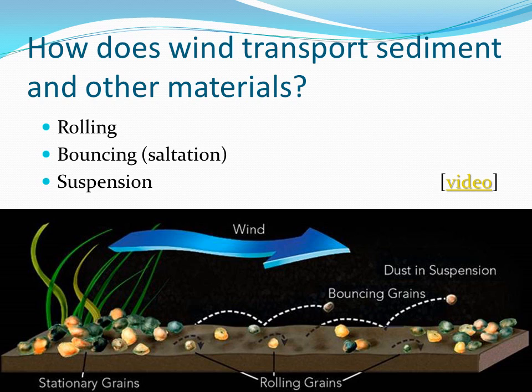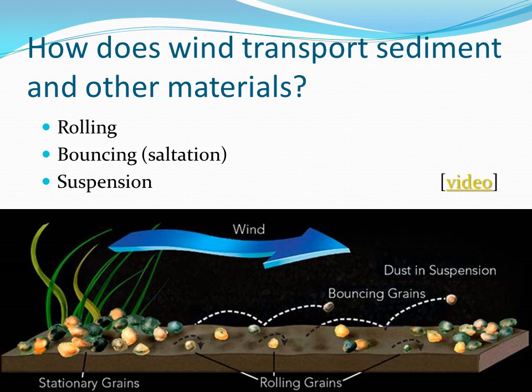The grain is launched and then falls back down, sometimes skipping along the ground in a process called saltation. So if you think of the sediment, it's almost like they're playing leapfrog. One bounces up and hits another. That one bounces up and hits another, bounces up and hits another. That's saltation.